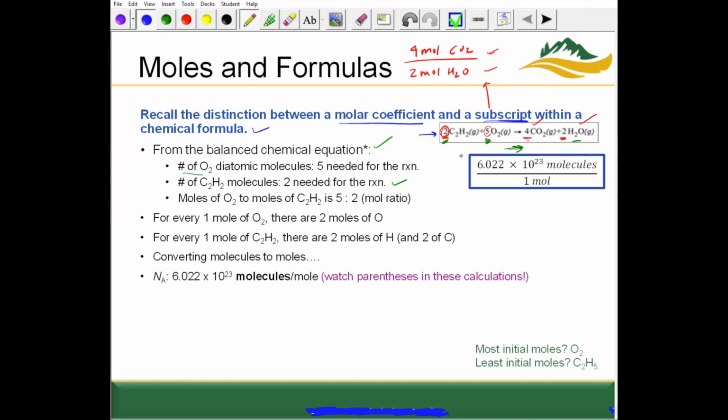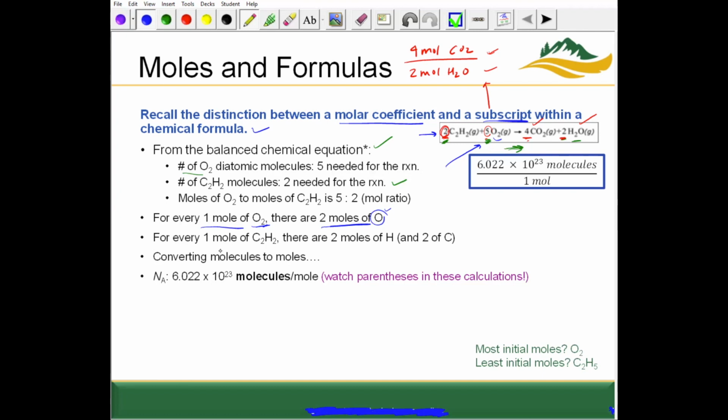Then just looking at O2, for example, when we ignore this 5 because we're just focused on O2, we could say for every 1 mole of O2, there are 2 moles of oxygen atoms needed for 1 molecule of O2. So now we're sort of ignoring these coefficients out here and just focusing on the subscripts when we're making connections about how many atoms are needed per molecule, or how many atoms make up each molecule.